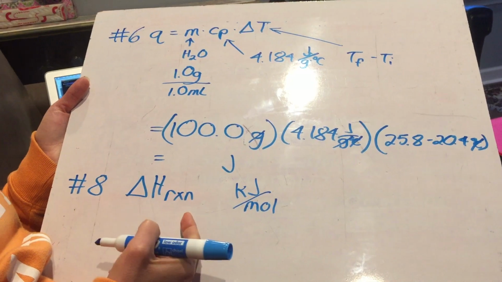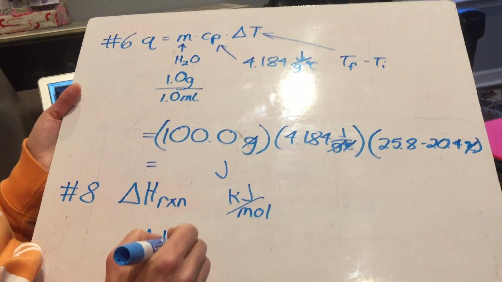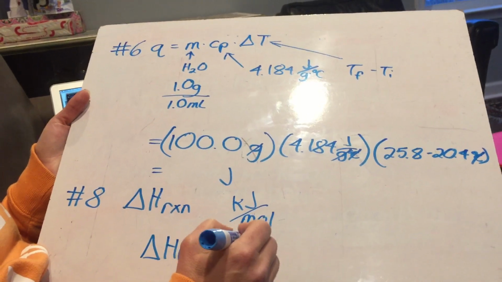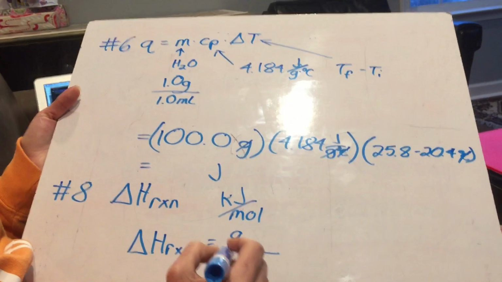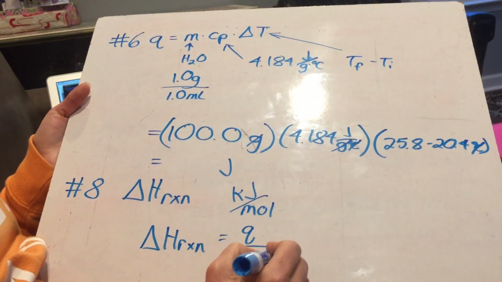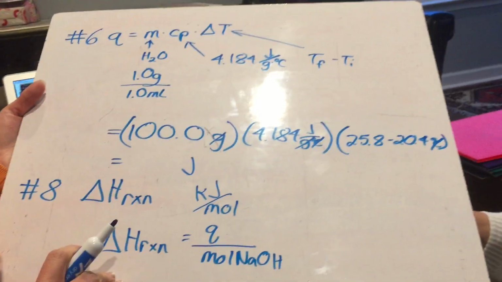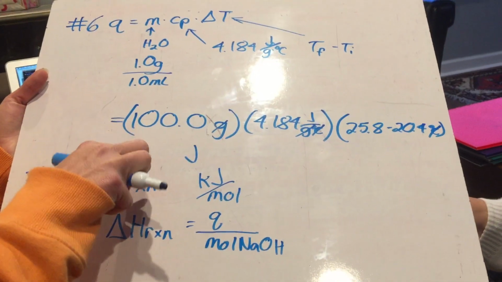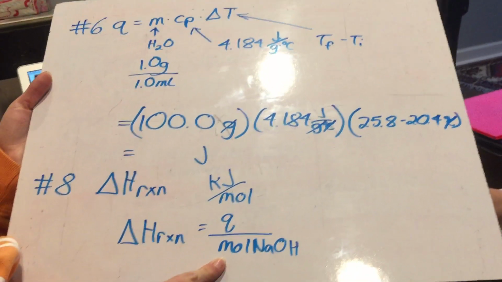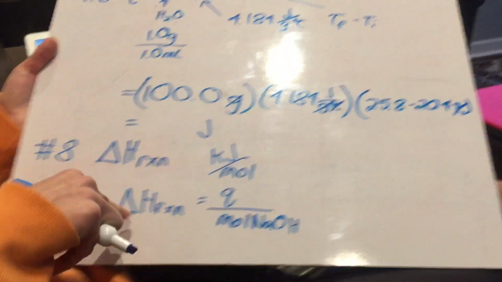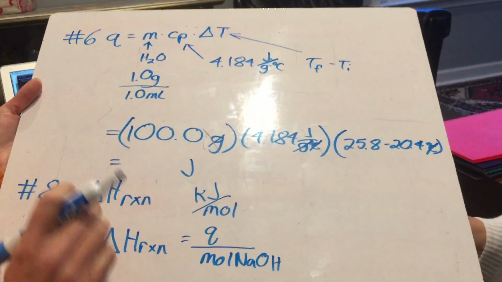So in order to get from Q to delta H, we need to say that delta H of the reaction is equal to the heat released by the reaction, or the Q that you calculated here, divided by the moles of sodium hydroxide. Once you have this answer, and you have the answer from number 7 that gives you the number of moles, you're going to be able to figure out number 8. And you're going to do that for each one of your reactions.